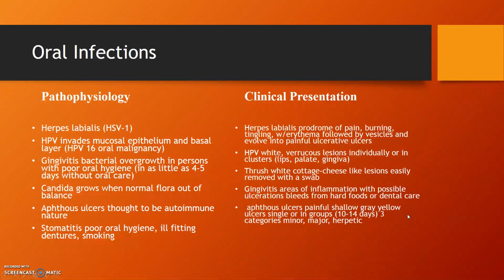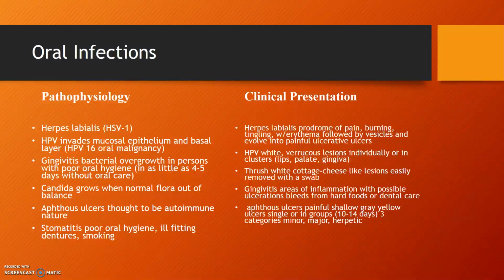So the pathogenesis of each one of these: herpes labialis is the herpes simplex virus 1. HPV, the human papillomavirus, invades the mucosal epithelium in the basal layer. We know there are about 6 strains now identified for cervical malignancy, and we are certain that HPV strain 16 is responsible for oral malignancy.